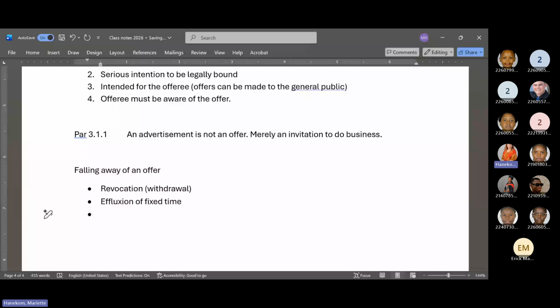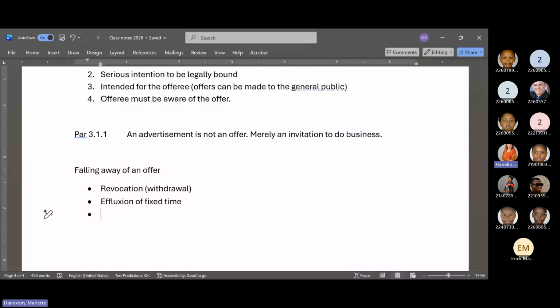So if I've offered my car to Celine and I tell her, please accept before the end of the month, okay, February is over. I tell her, please accept before next week, Friday. Next week, Saturday, if she hasn't accepted yet, then the offer will fall away. It will lapse because the time has passed.